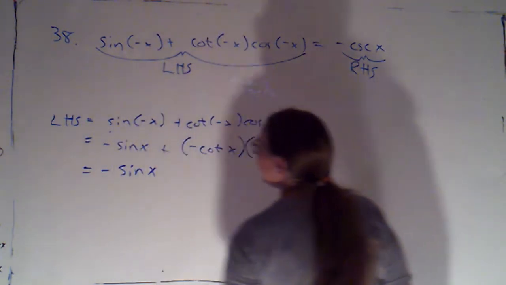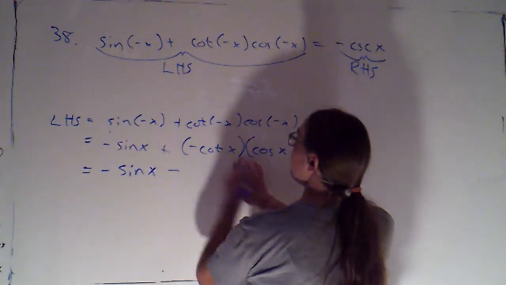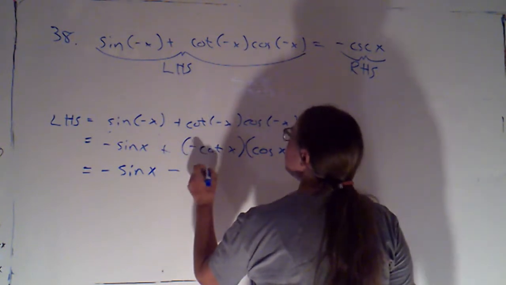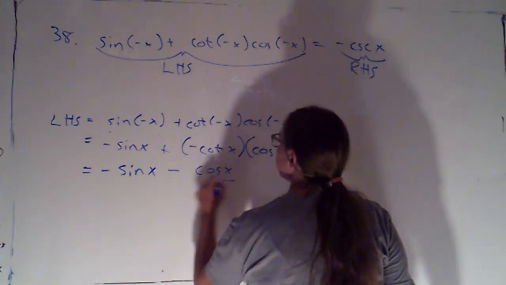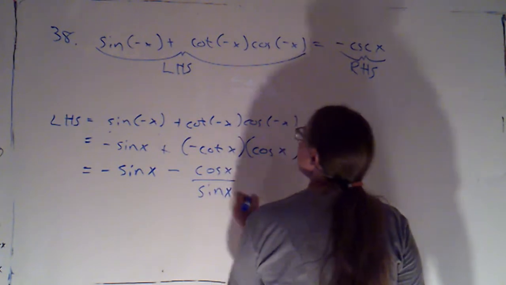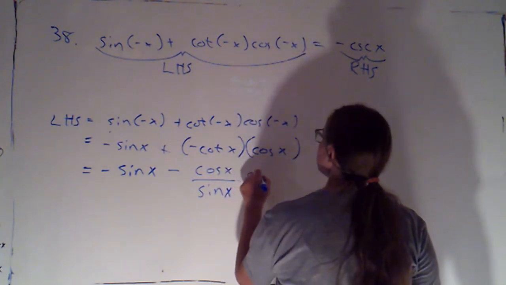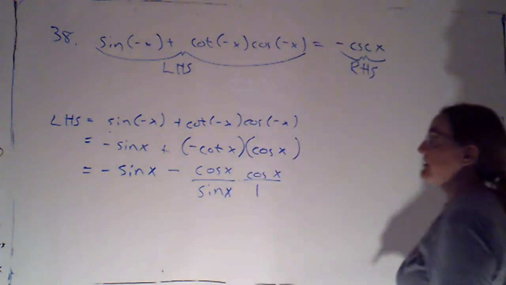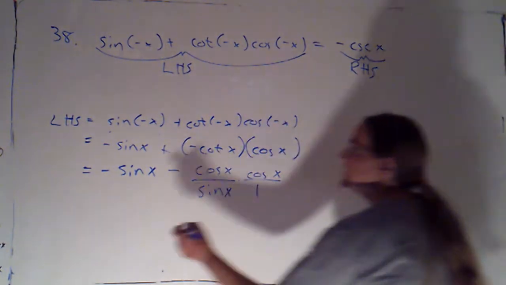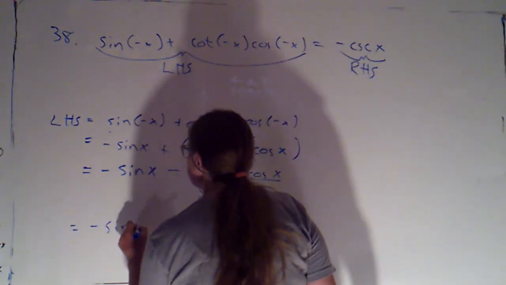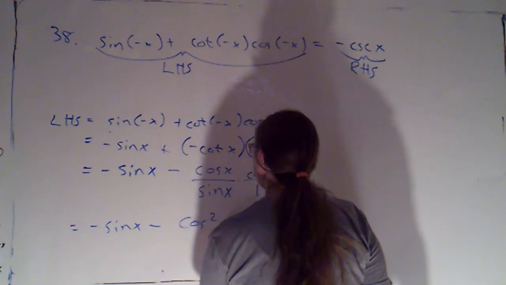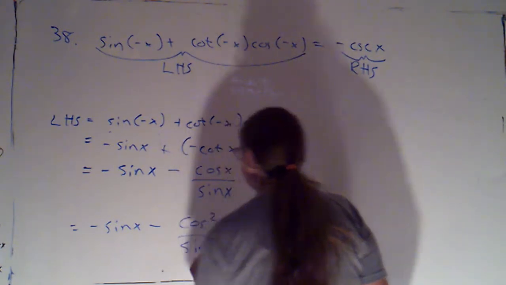So we've got negative sine x, and then this is going to be minus cotangent, which would be cosine of x over sine of x, and that's times cosine of x, which I can just write as over 1. Okay, so we've got negative sine x minus cosine squared x over sine x.